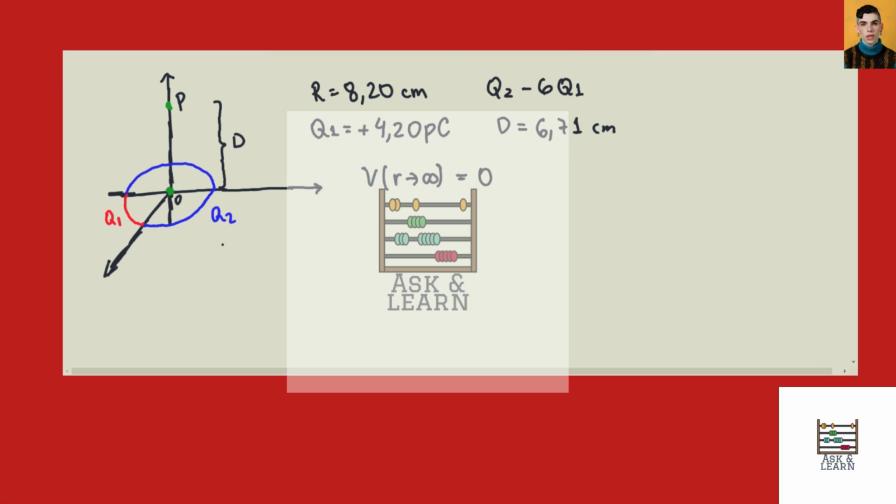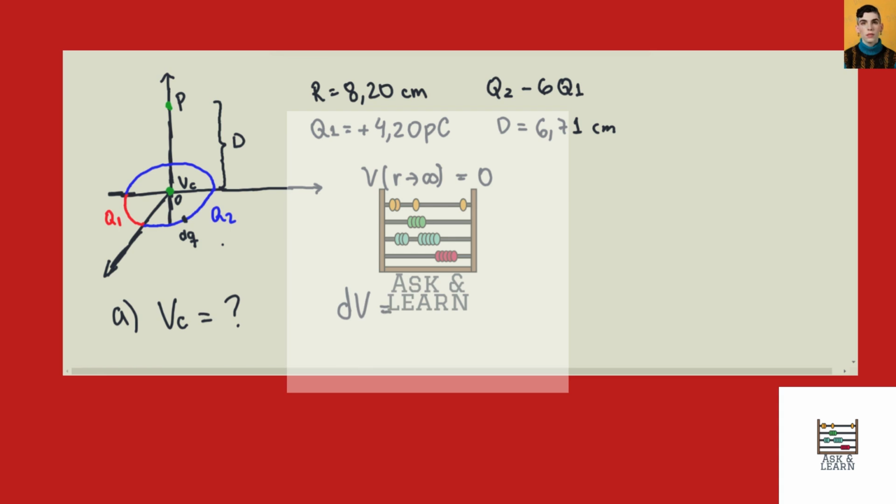To determine first A, the potential at the center of this circle, the first thing we are going to do is take a differential of charge that we call dq. We know this differential of charge will produce a potential given by the following formula.